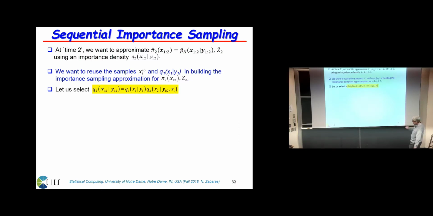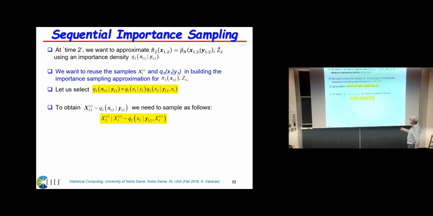So the idea is, if we had samples xi of time 1, we're going to reuse the samples and then sample from q2 to get samples x2. You might say the state at time 2 is some new random variable, but the way you would like to start thinking about these dynamical problems is that you took this particle x1 of i and moved it to x2 of i.